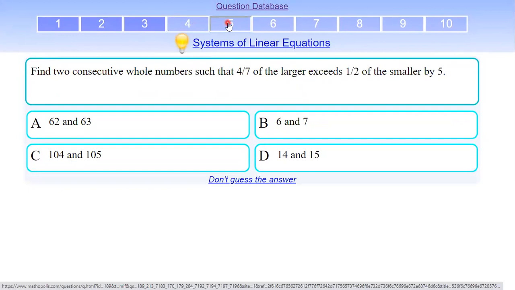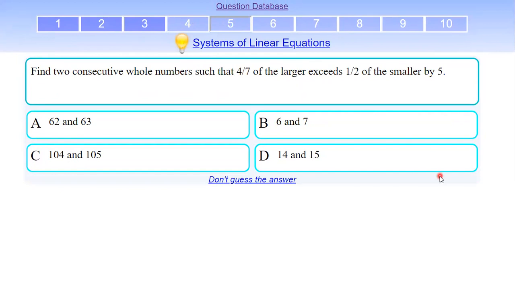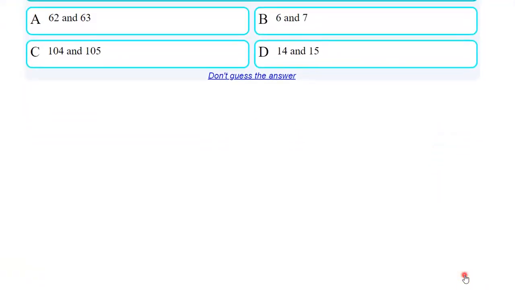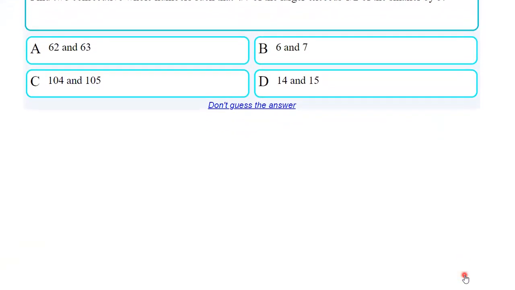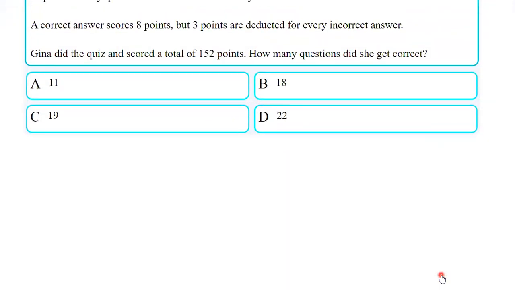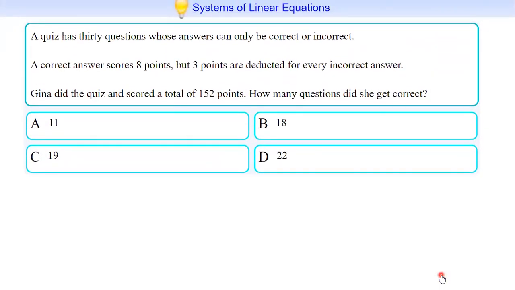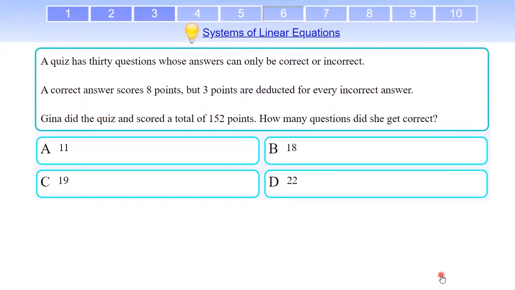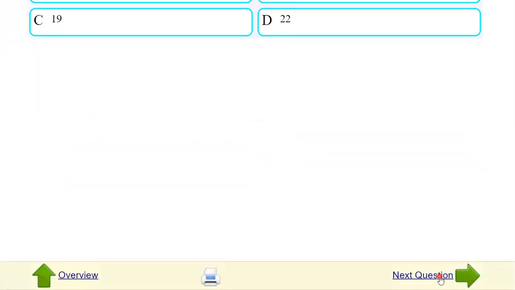No, this is the same one. Okay, so I will have to click this arrow. Did it change? No, it didn't. Okay, now it's changed. Oh, there we go. All right, next.